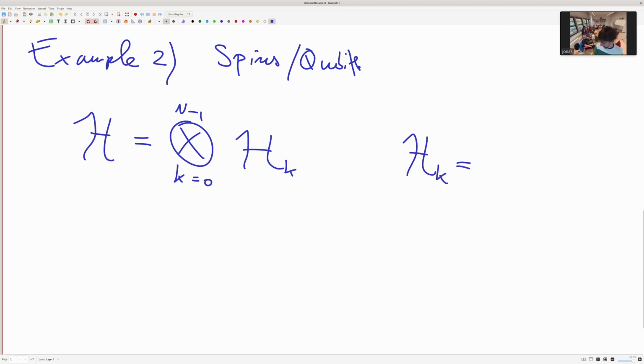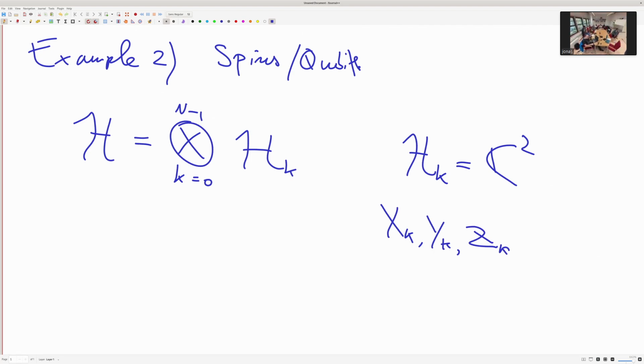So each H_k is just a two-dimensional Hilbert space, and on each of these H_k's we have the usual Pauli operators, which will appear later, and I label them in this way.